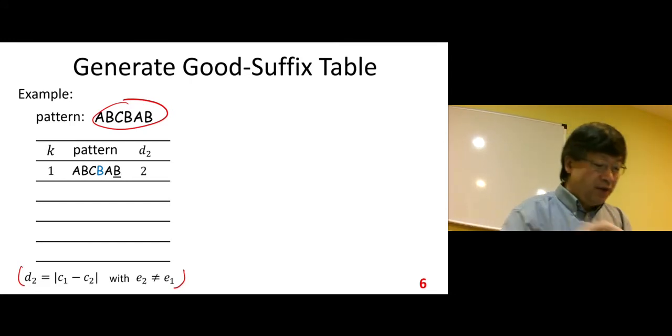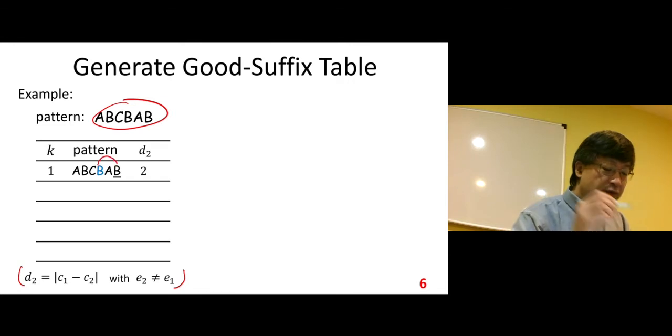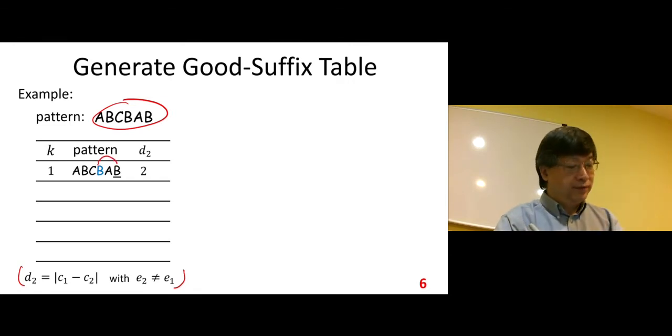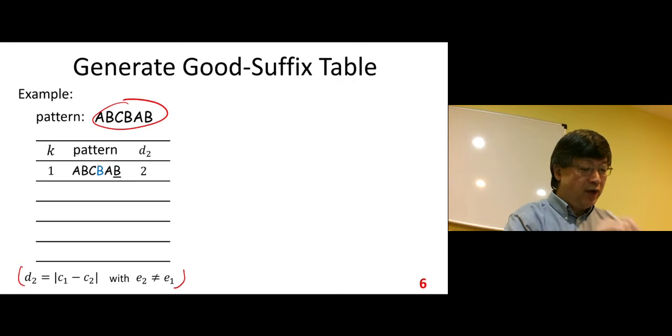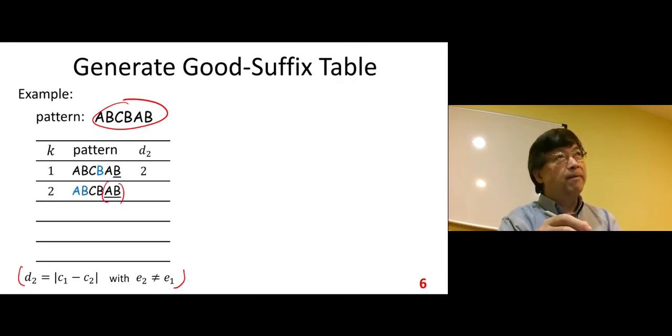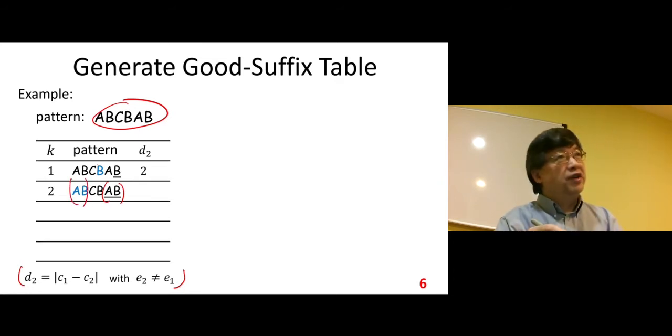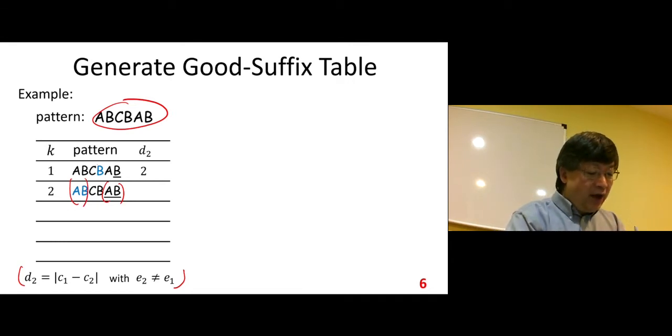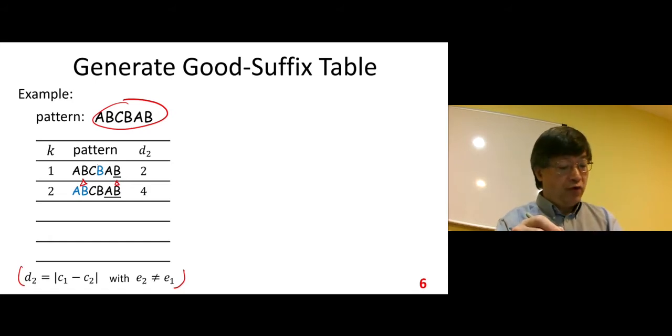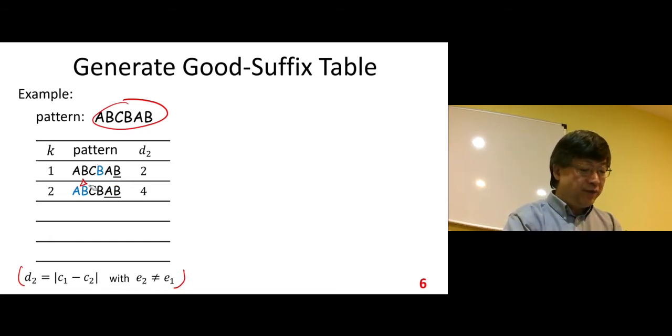So the D2 position difference between these two characters is 2. That's K equals 1. For K equals 2, the suffix becomes AB. Let's find another suffix AB part. We find the first one. Then what is the difference between the position of the first character in the first suffix and the first character in the second suffix? 4. So that's the distance, 4.